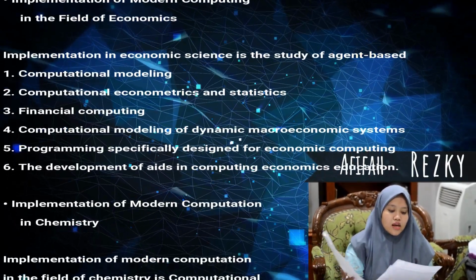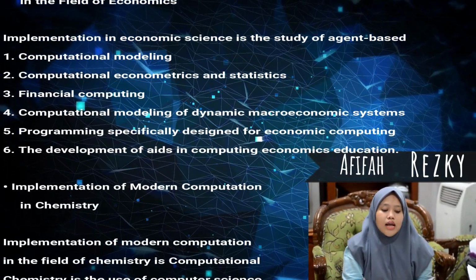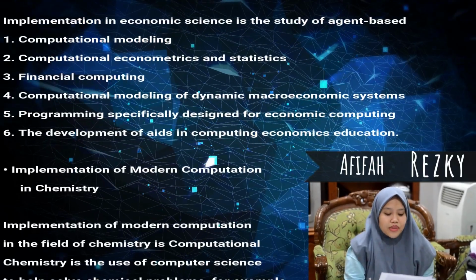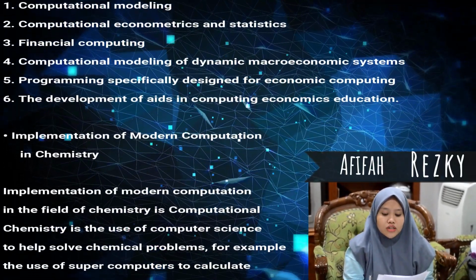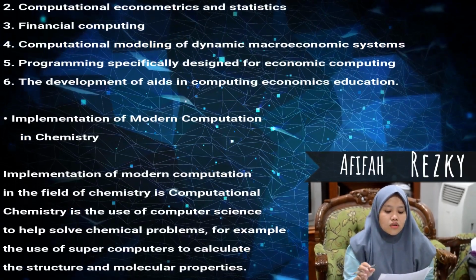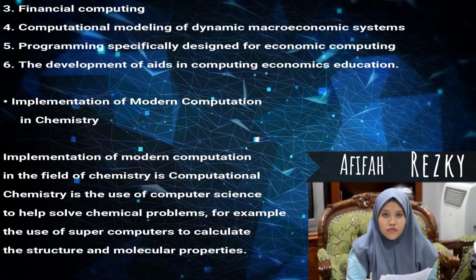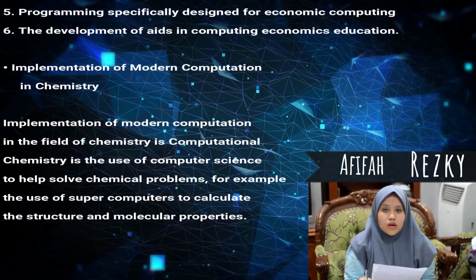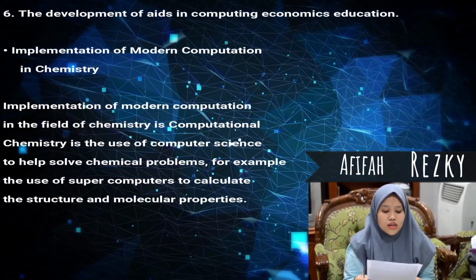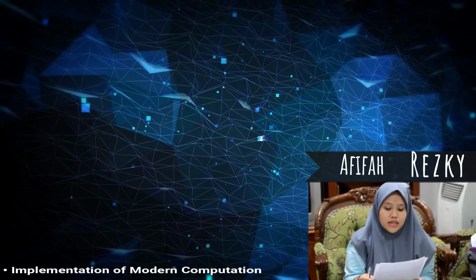The second one is implementation of modern computation in chemistry. Implementation of modern computation in the field of chemistry is computational chemistry that could be used to help solve chemical problems. For example, the use of supercomputers to calculate the structure and molecular properties.